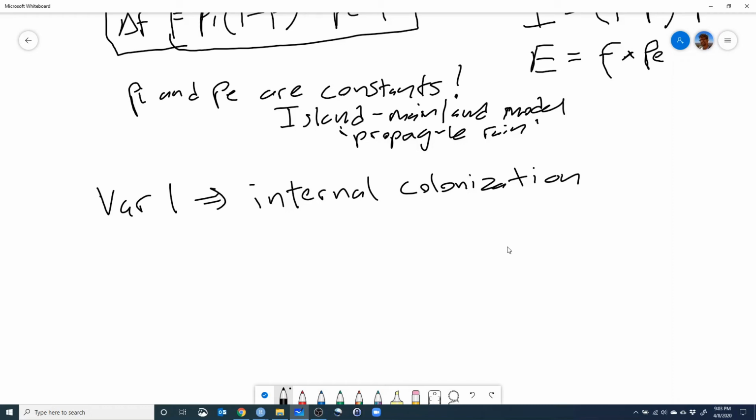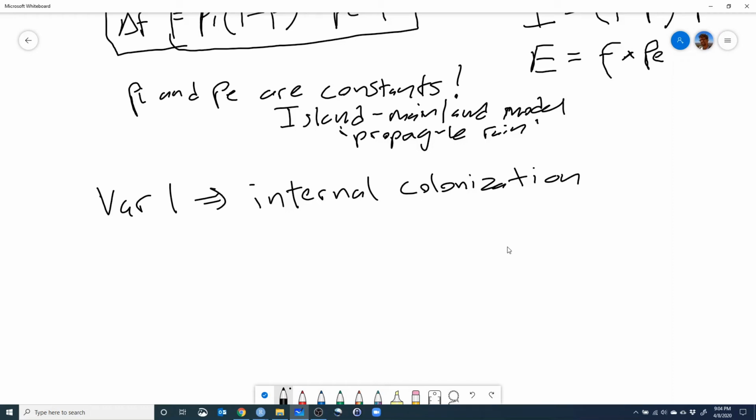The less occupancy, the fewer sources of immigrants, and the lower the chance that a site becomes colonized. So this is realistic for the case where there is no propagule rain. There's no mainland showering immigrants on the metapopulation. There is just internal colonization.